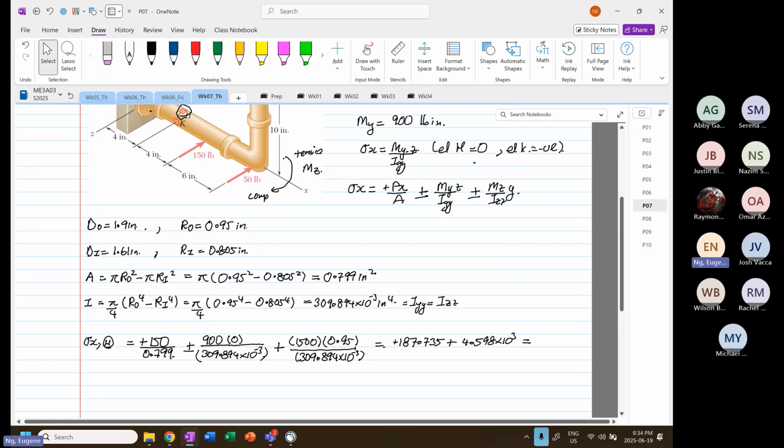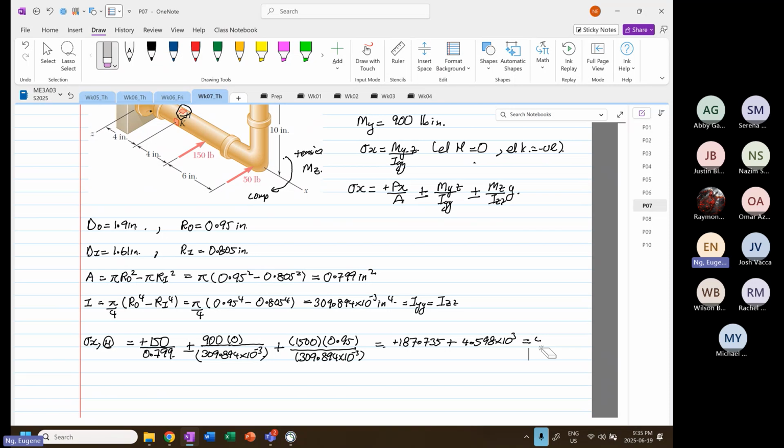So the answer is 4.598 times 10 to the power 3 plus 187.735, which is equal to 4.786 times 10 to the power 3 psi. Okay, so that is for element H.